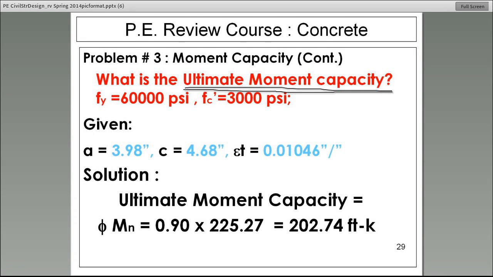What we covered before, what we called nominal moment, is also called theoretical ultimate moment. So the theoretical ultimate moment is what the material in the cross-section can provide us. However, to bring in some factor of safety, the designers would like to reduce the exposure of the building to the amount of load.